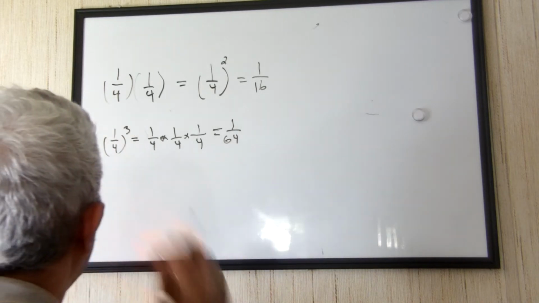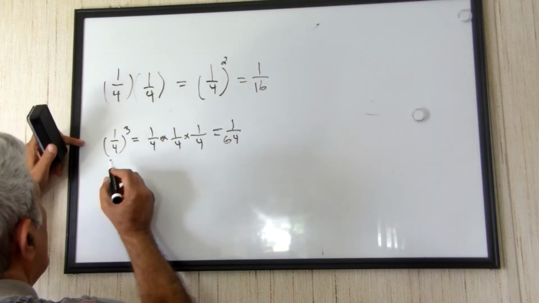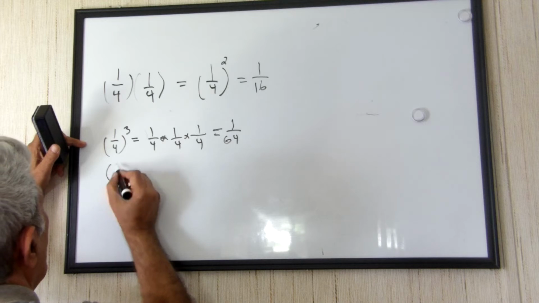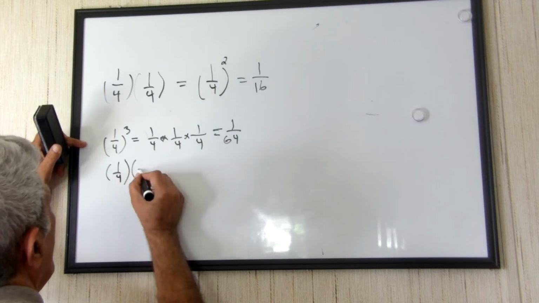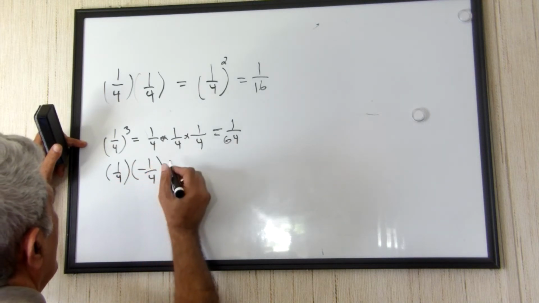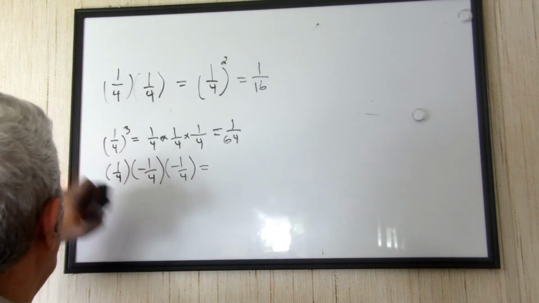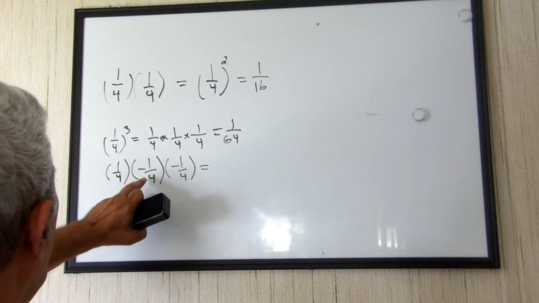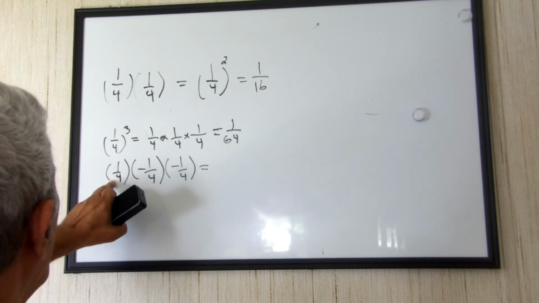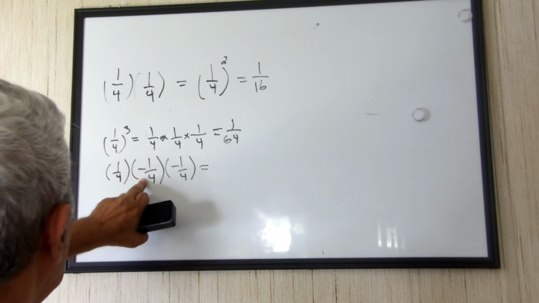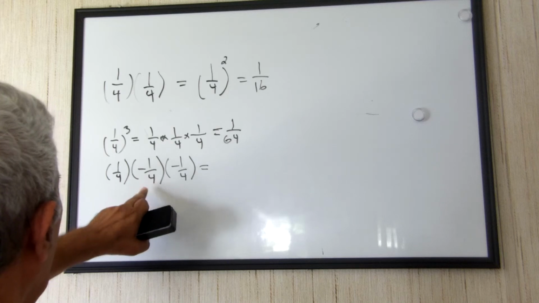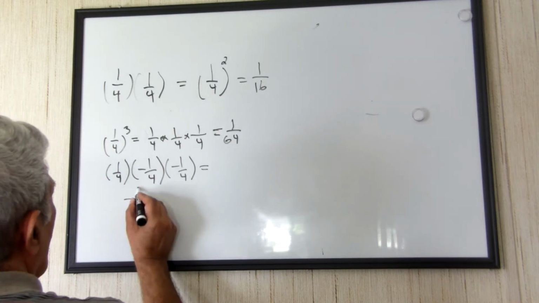So how about, let's talk about the negative numbers too. This is 1 over 4 times minus 1 over 4, then minus 1 over 4. What is it going to be? If you multiply this one, plus 1 over 4 times minus 1 over 4, it is going to be minus 1 over 16.